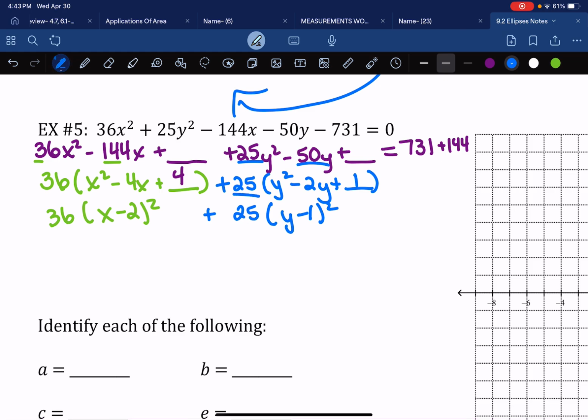Okay, but that is 25 times 1 that we're really adding, so plus 25. So 731, 144 plus 25 gives me 900. Well, it has to equal 1, so we have to divide everything by 900.